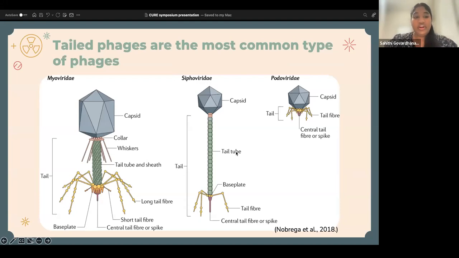Shown here are the three most common types of tailed phages: a myovirid, a siphovirid, and a podovirid. Myovirids have short and contractile tails. Siphovirids have long, non-contractile tails, which are very flexible, and podovirids have short, stubby tails.